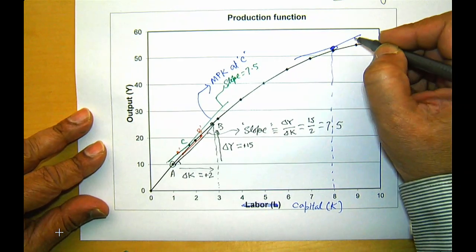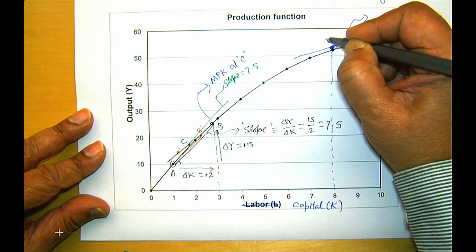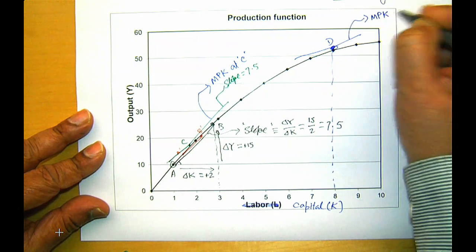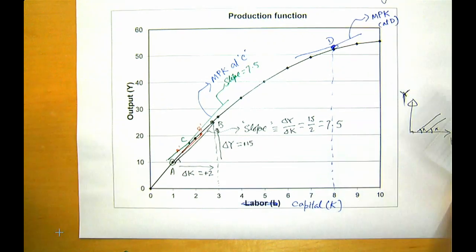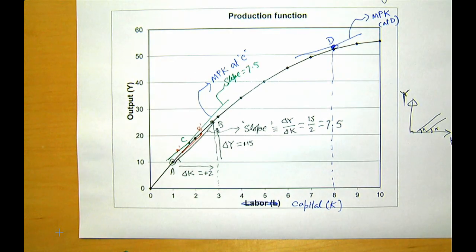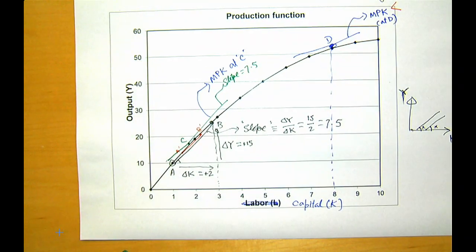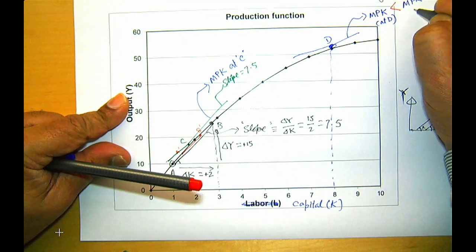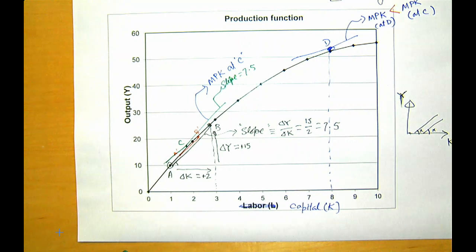So all I can say is that if this point is D, you can conclude that MPK, which is the slope at D, is, here's the question, less than MPK at C. Well, you can say that's true because you drew the graph that way.